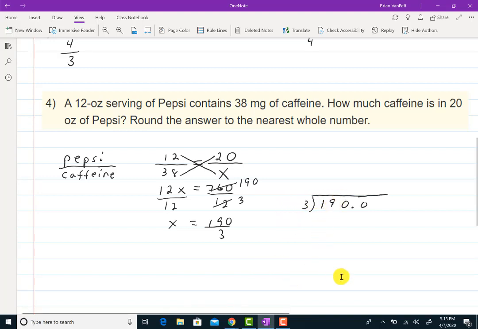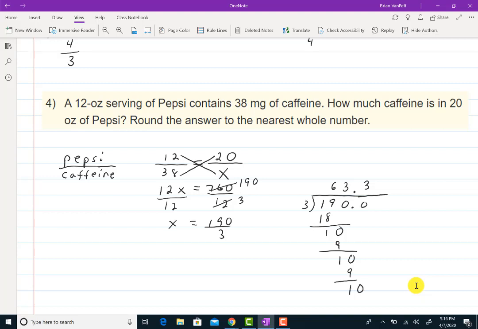3 goes into 19 6 times. Bring down the 18. 19 minus 18 is 1. Then we bring down a 0. 3 goes into 10 3 times. And then I can bring down a 0 and put my decimal point in the correct spot. 3 goes into 10 3 times again.